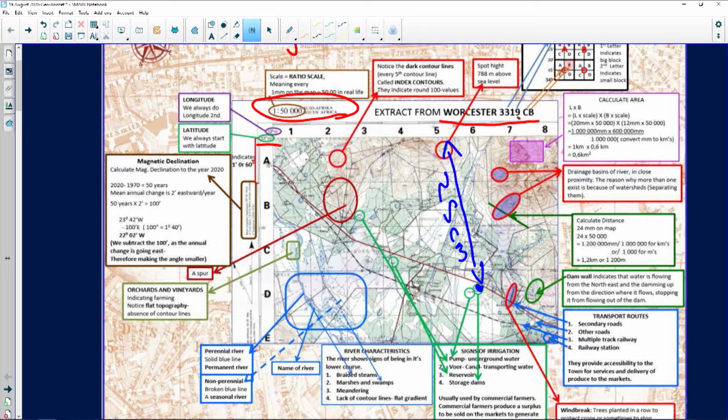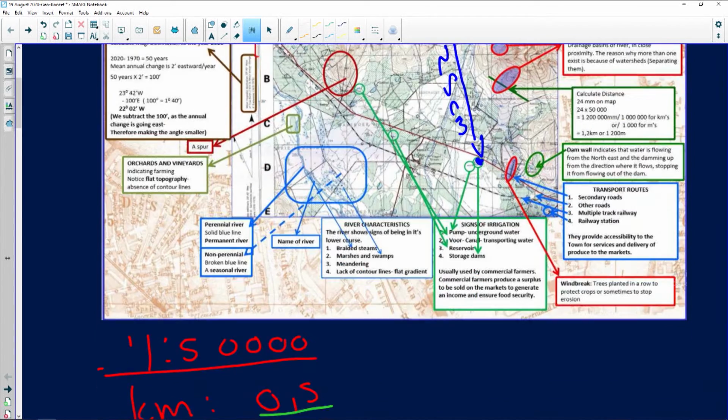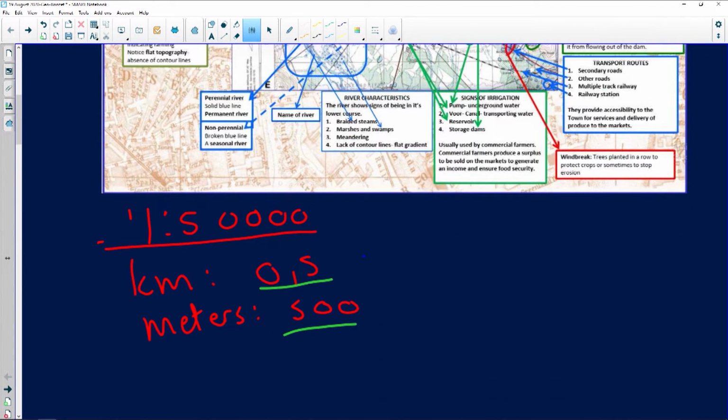Now, very importantly, the examiner is going to ask you to present your answer in meters or in kilometers. Let's say for this instance, we need to provide our answer in both. So you take your 25 centimeters. If you want your answer in kilometers, it's 25 centimeters, and you times it with 0.5.